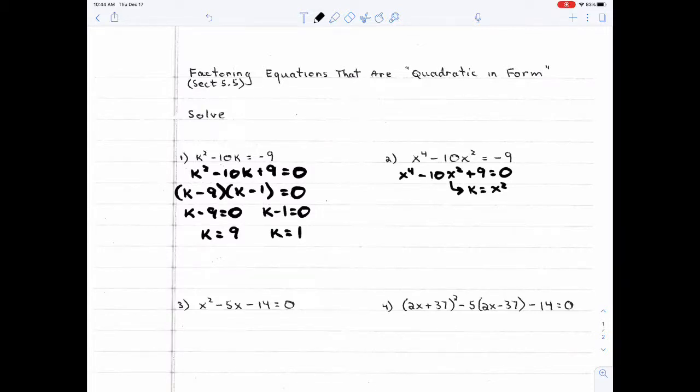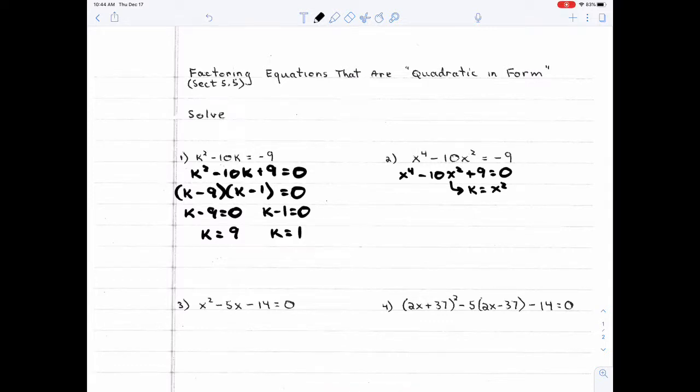Now, it's kind of confusing here. Remember I said at the beginning, this is the square of that. I'm going to take the one that's not the square of the other one and set it equal to k. So in this case, I'm going to take the x squared and set it equal to k.